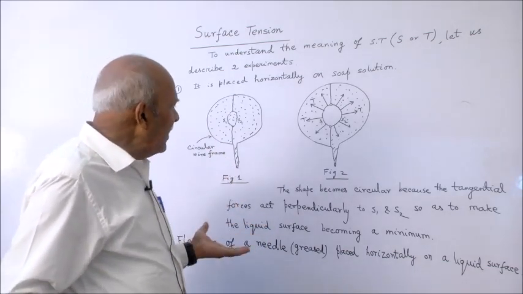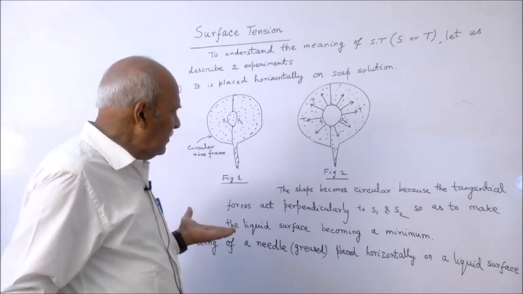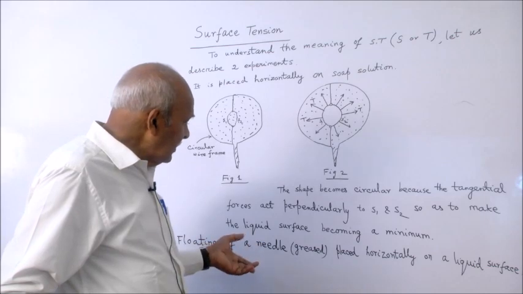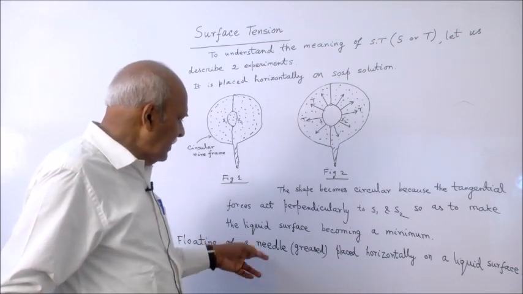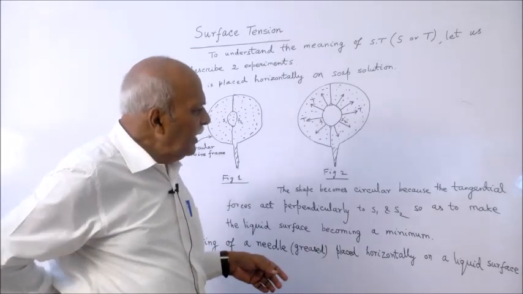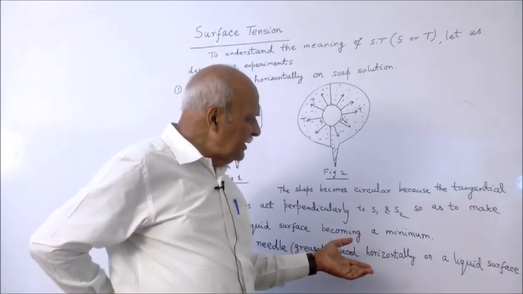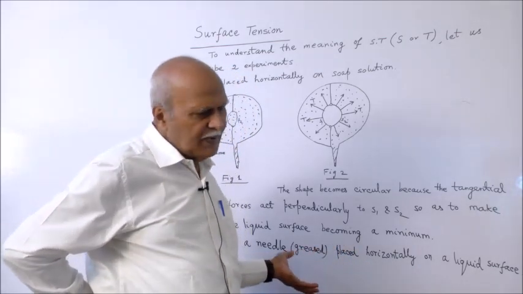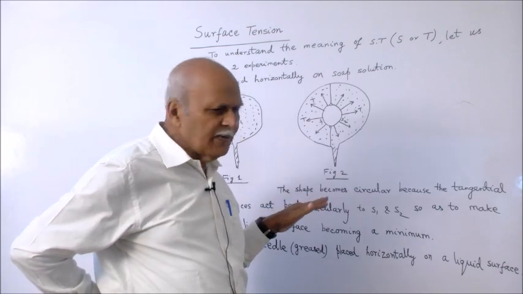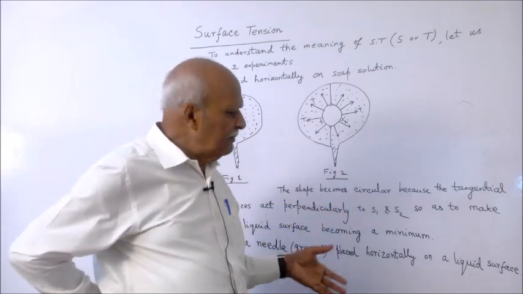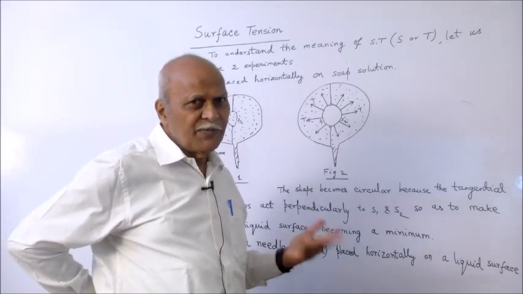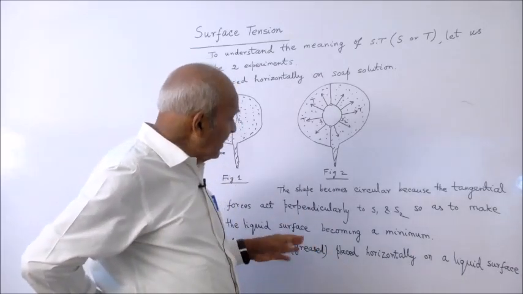Then for the explanation, one thinks of Archimedes principle, but Archimedes principle cannot be used here, because the needle is iron, with density 7.8, and the water has density 1 gram per cc. So, a body of density 7.8 cannot float as such unless the shape is changed, but a greased needle is like that.